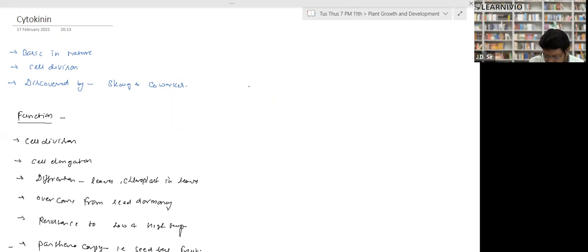So the first function is it helps in cell division. Next, responsible for cell elongation. Next, it helps in differentiation of leaves and chloroplast differentiation.